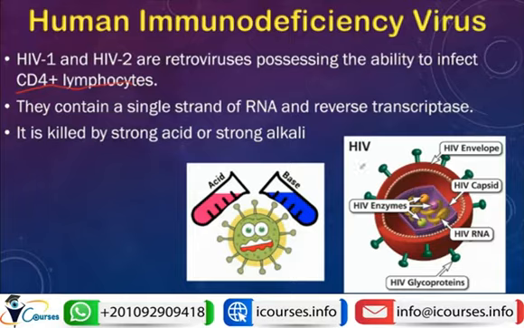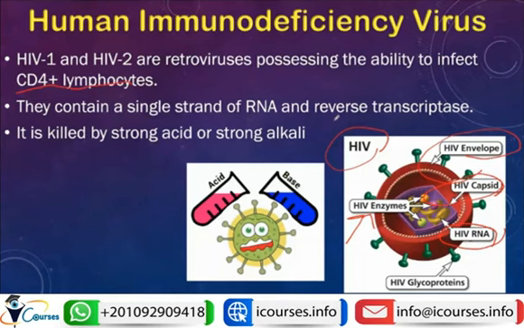So what is the structure of the human immunodeficiency virus? As with any virus, it is formed of nuclear matter, which in this case is HIV RNA, surrounded by a capsid and an envelope, and it contains some enzymes like the reverse transcriptase.